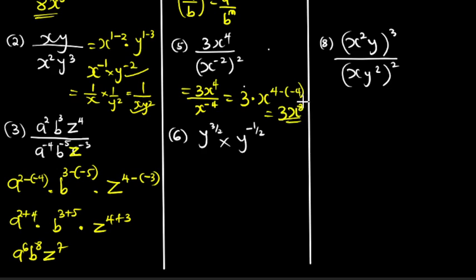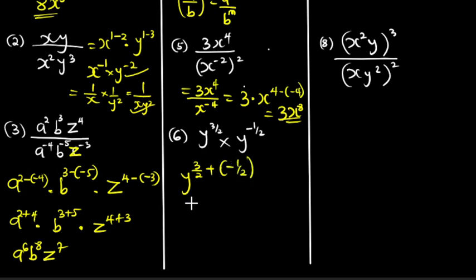And for number 6, we add the powers because the bases are the same. a to the power of m multiplied by a to the power of n is equal to a to the power of m plus n. Okay, that's the rule we are using here. Now this becomes y to the power of 3 over 2 plus negative 1 over 2.